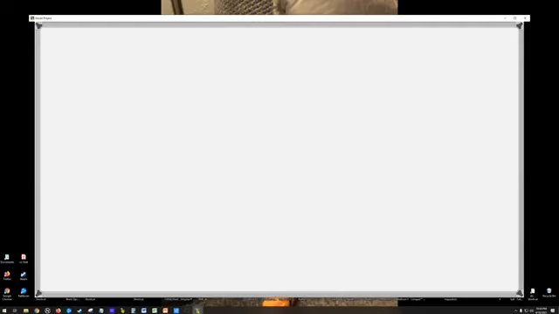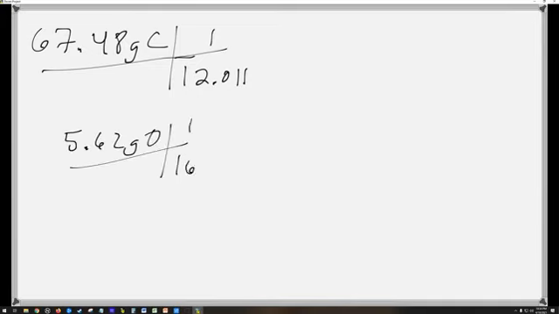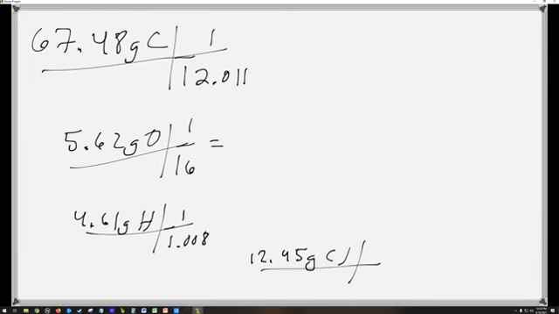All right, let's do this one. 67.48 grams of carbon, 5.62 grams of oxygen, 4.61 grams of hydrogen, and 12.45 grams of chlorine.